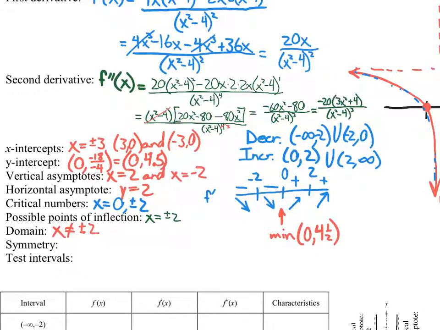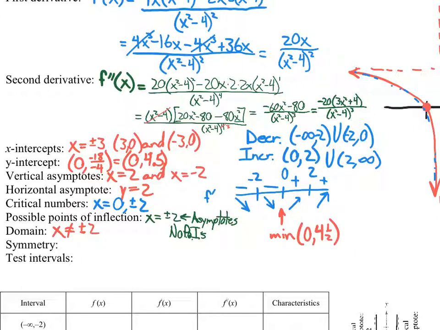So can we have a point of inflection where we have an asymptote? No. All right? So since those are asymptotes, we have no points of inflection. Now, does that mean we can't change concavity?